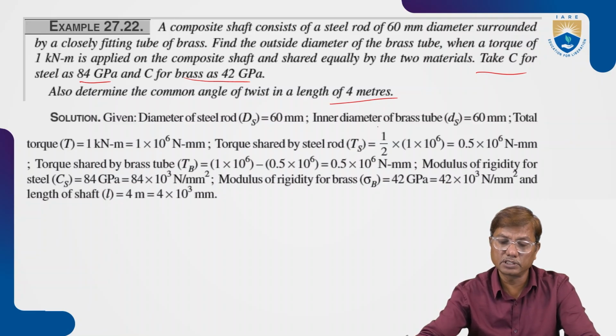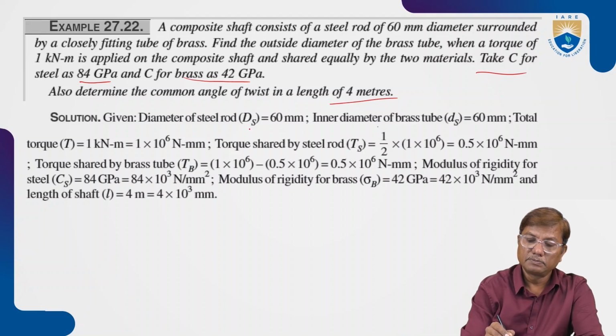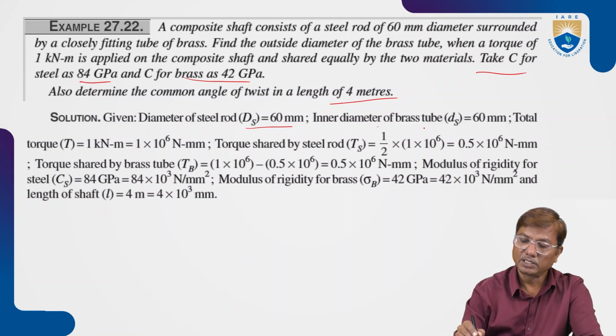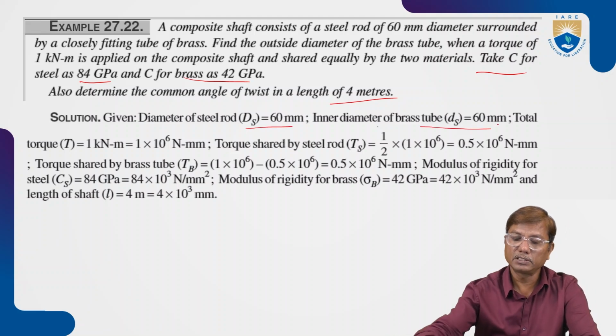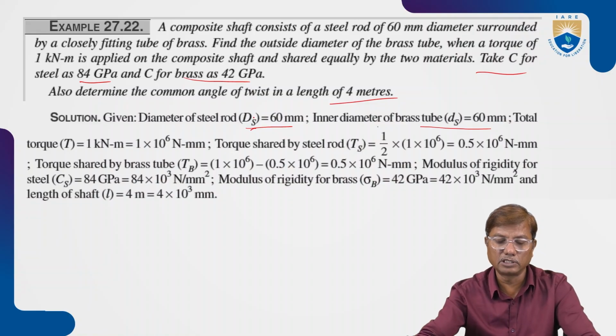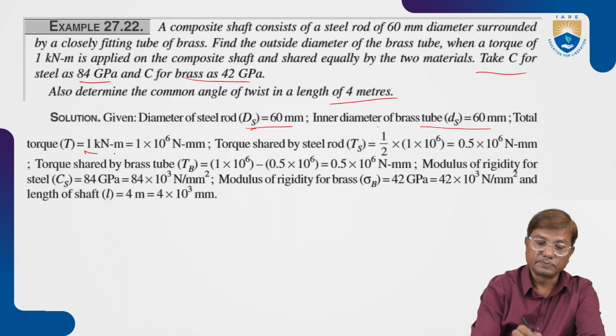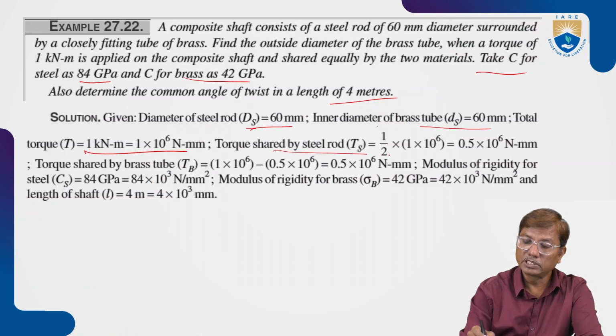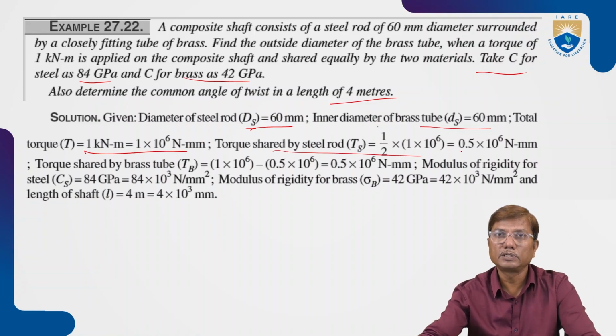So length of shaft is 4 meters. Diameter of steel rod is given, and inner diameter of brass tube will be the same as the diameter of steel rod. And total torque is given, which is shared by steel rod and brass tube, isn't it?